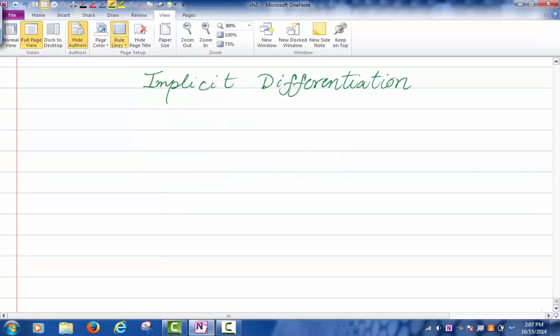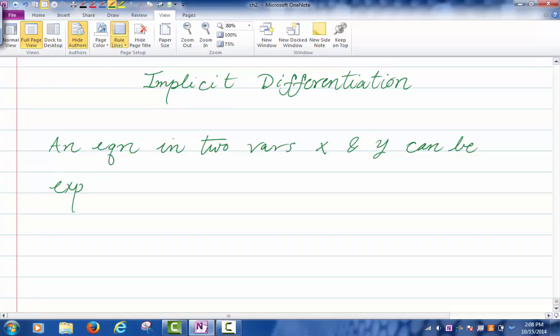Okay, so let me start with the following. If you have an equation in two variables x and y, it can be expressed as a function of two variables, f of x, y, equals 0.